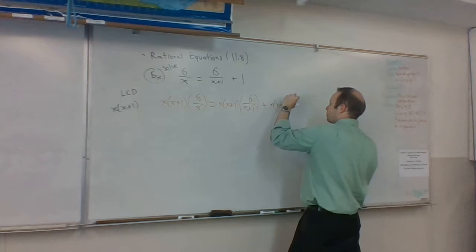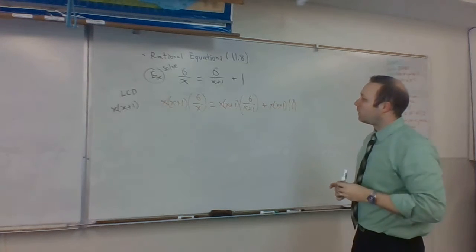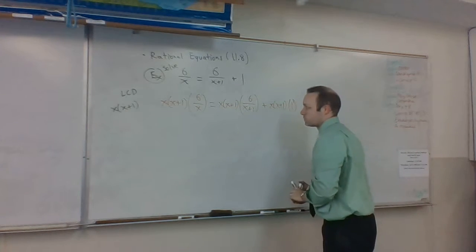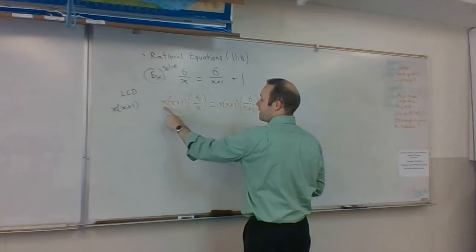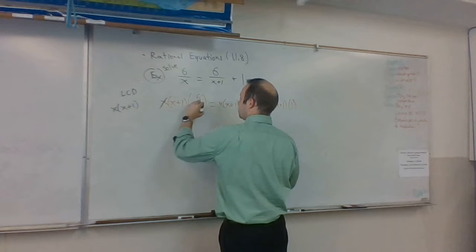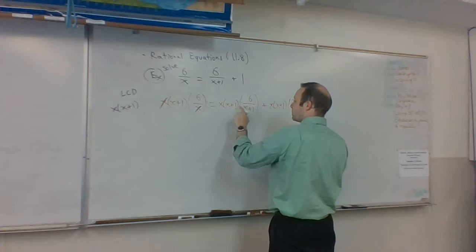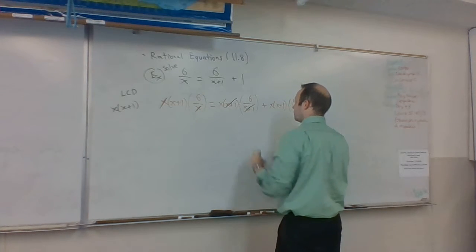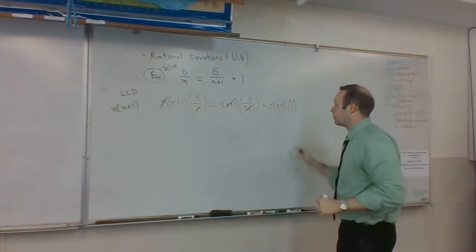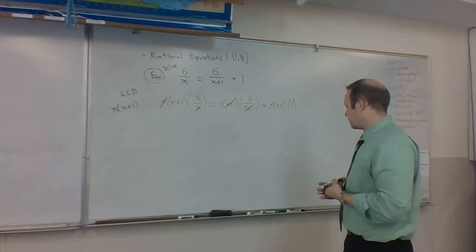I'll make that look more like parentheses. All right, now let's look at what cancels. x and x cancel. x plus 1 and x plus 1 cancel. And there's nothing here with the denominator to cancel.